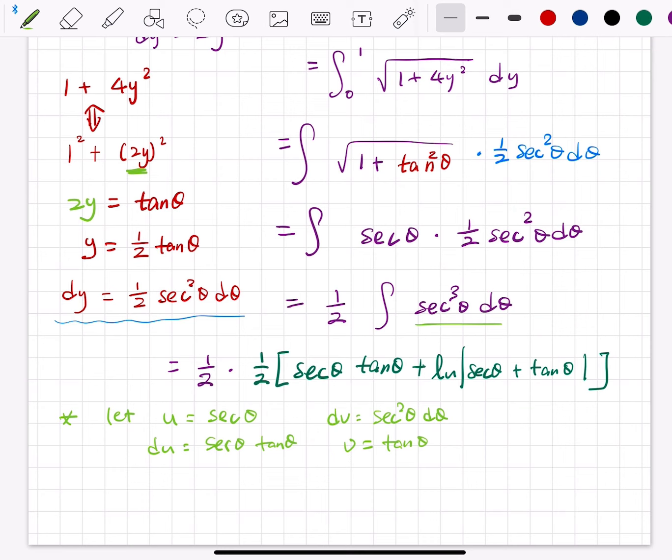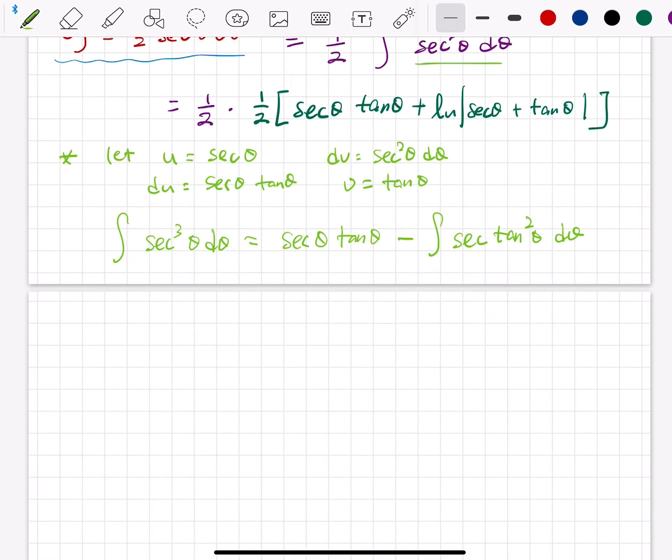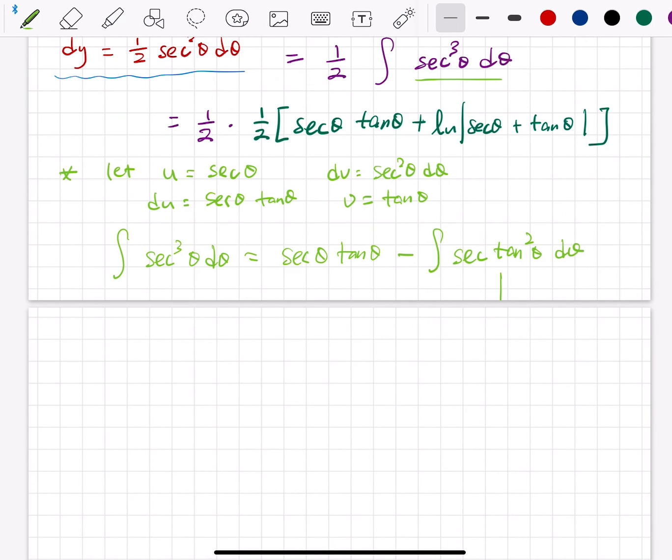And then when we set up the integration by parts, we will end up with the integral of secant cubed theta d theta equals secant theta tangent theta minus the integral of secant tangent squared theta d theta.